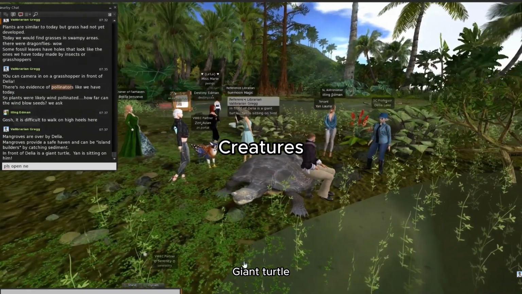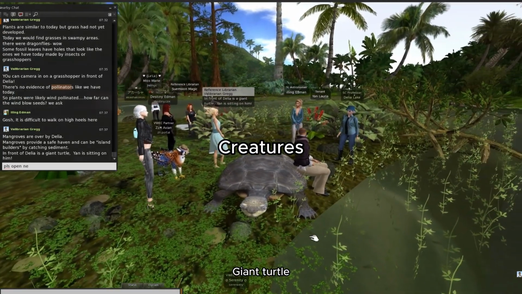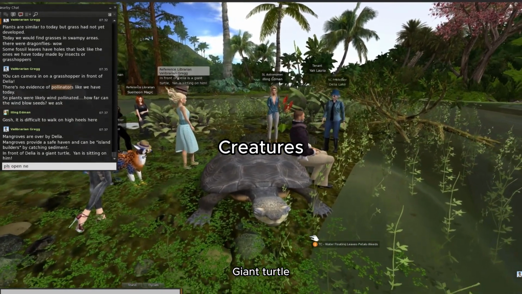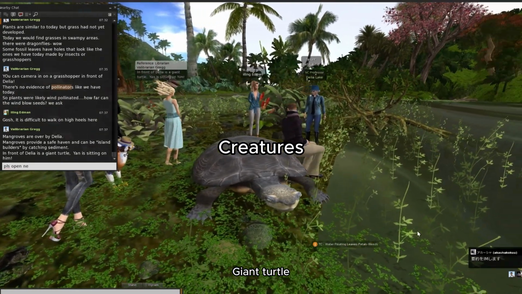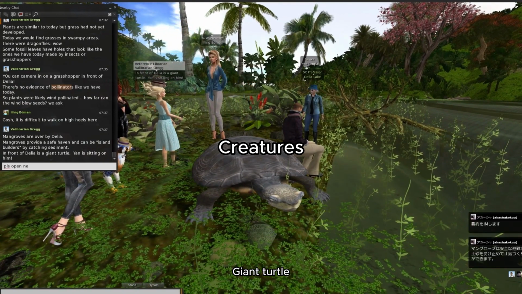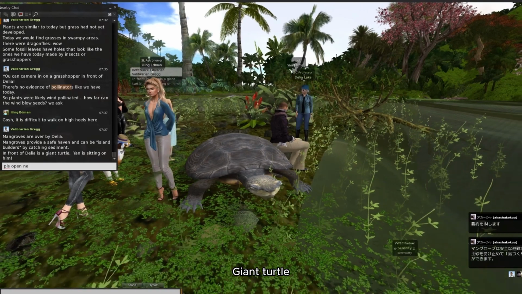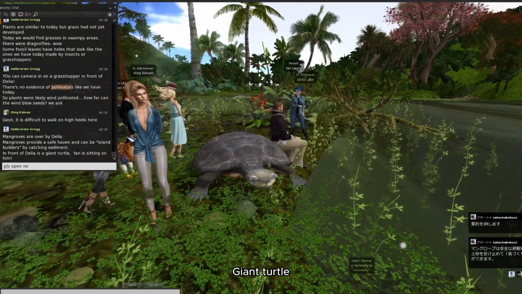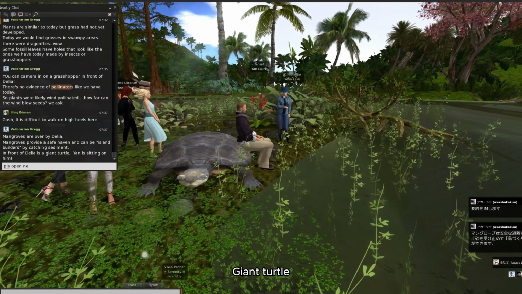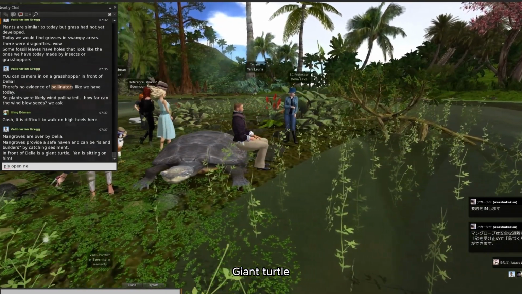You'll notice that this turtle is much more elongated than what you would see today. Its neck would have been able to stick out a lot further than this, so it wasn't just the snake that was large, it was the turtles that were large also.